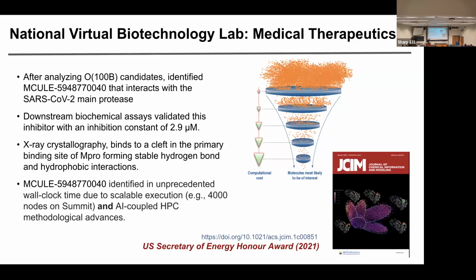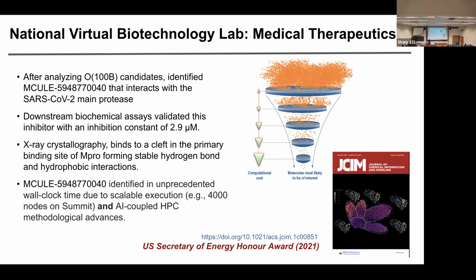So a pipeline of different granularities, different accuracies, and obviously different computational costs to try to come up with a particular drug candidate, which we then synthesize, and so on and so forth. That's not what I want to get at. What I want to get at is, this was a super large campaign, at scale, but super effective in getting a drug candidate in a very short amount of time.